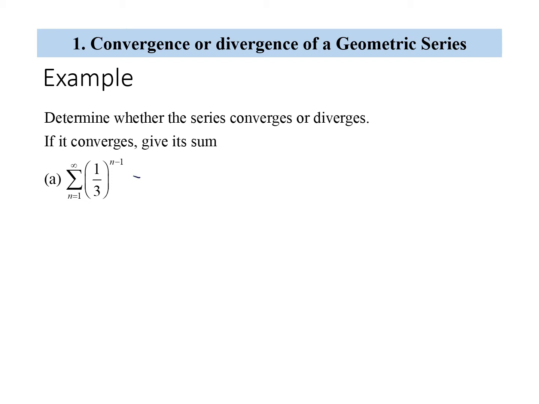So we expand the summation of the series, where n starts from 1. Now we can write it as 1/3 to the power of 1 minus 1, plus 1/3 for n equals 2, n equals 3, up until infinity.